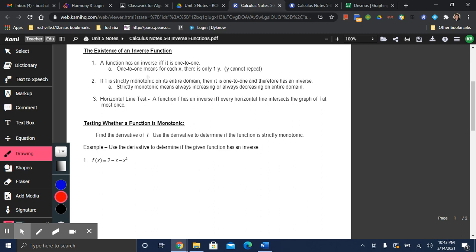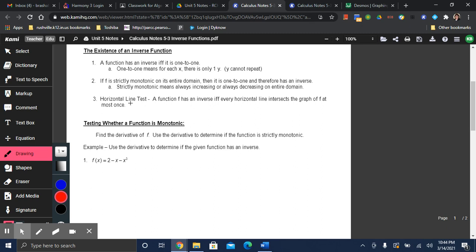There are a couple of tests that you could perform. One would be through calculus, showing by doing the derivative and then looking to see whether the function is always increasing or always decreasing, and therefore strictly monotonic. If that is the case, then the function's 1-to-1 and therefore has an inverse.